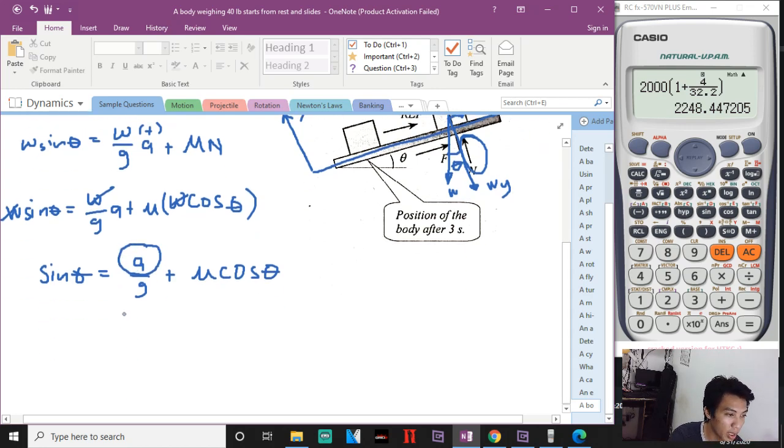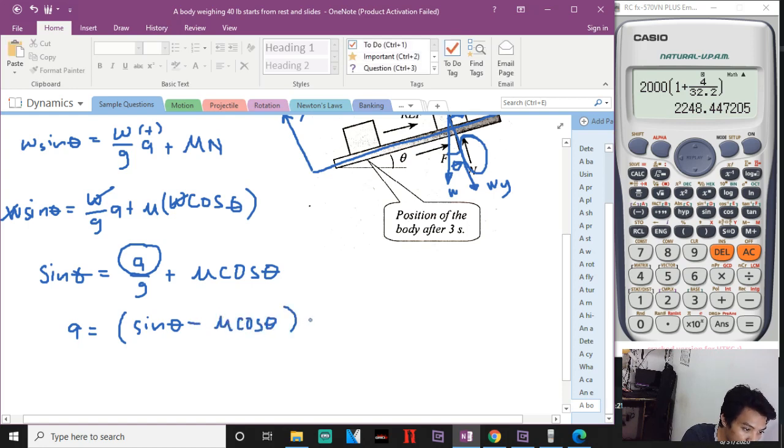Okay, so pwede natin itong pagsama-samahin. A equal to sin theta plus mu cosine theta. Next, dapat ito negative. Negative kasi nilipat ko sa kabila. Negative mu cosine theta times g.